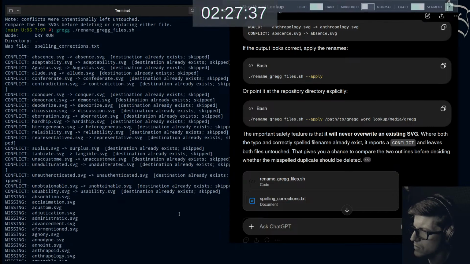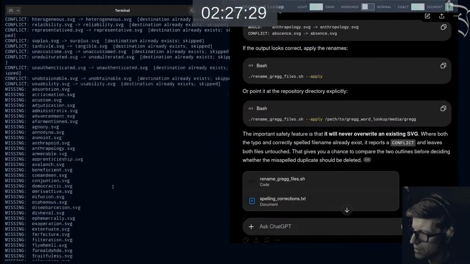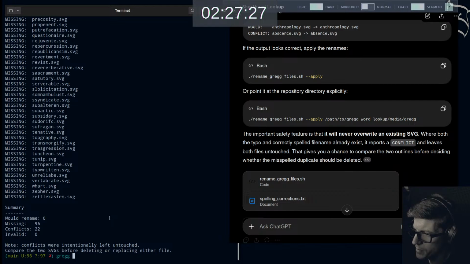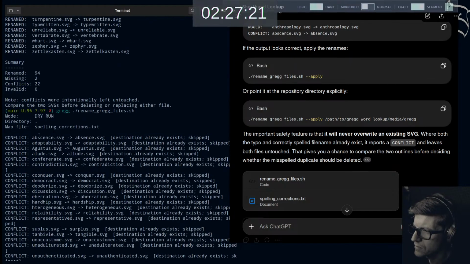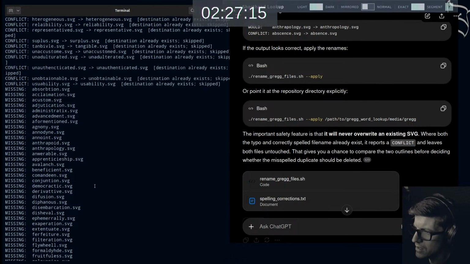So we probably would be able to just do that all at one go. All right. So well, we'll do it piecemeal just so that we're not changing anything.